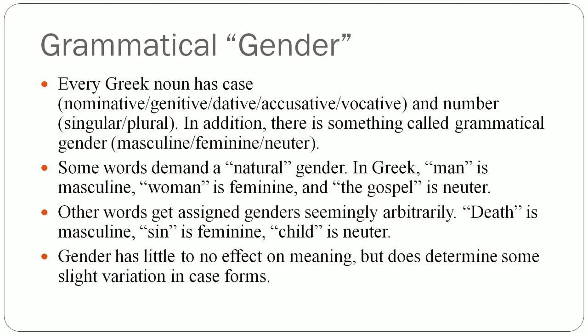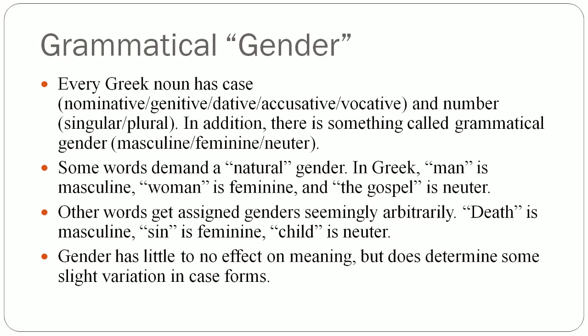Death is masculine, sin is feminine, and child is neuter. Each of those categories and words is somewhat confusing. What about death is masculine? Well, I don't know. What about sin is feminine? I don't know.